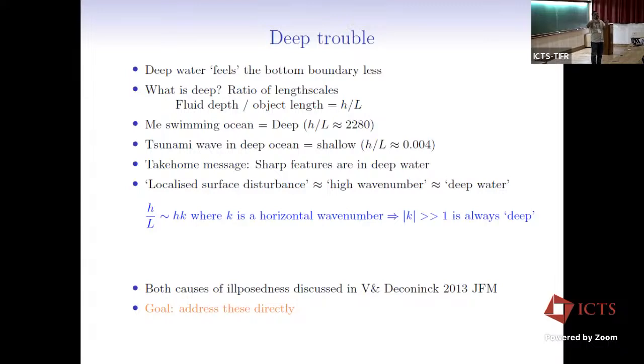High wave numbers belong in deep water, and so it is hard to see them, right? This is a hand-wavy idea that if the object I'm trying to detect is a localized bump, then I need a lot of wave numbers, and that's going to be hard for me to detect. Long features, large features are going to be easier to detect. They're the ones that are in shallow water. Okay.